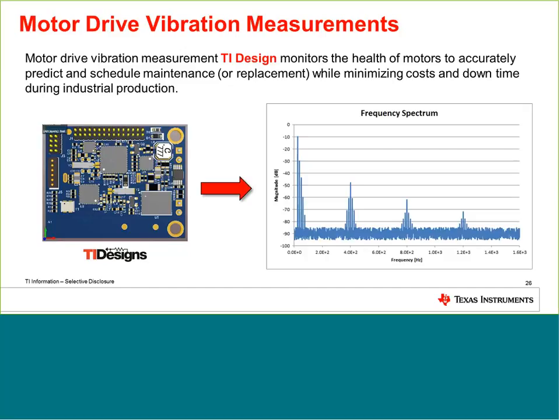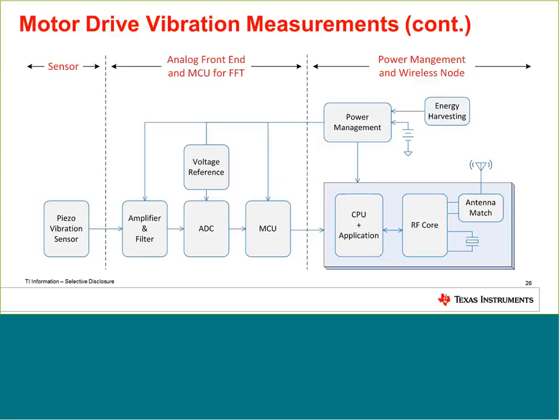As we are doing these measurements in real time, we can see over a period of time, for example, 3 months, 6 months, or a year, how these frequencies are changing, and we can now predict what's going to happen to the motor and what needs to be changed before the motor breaks.